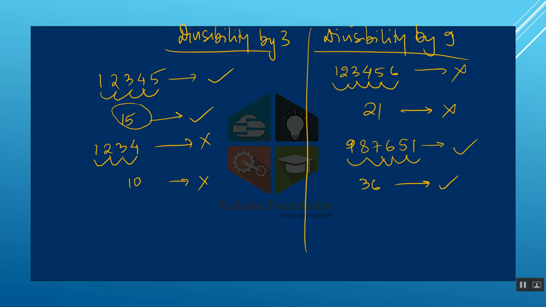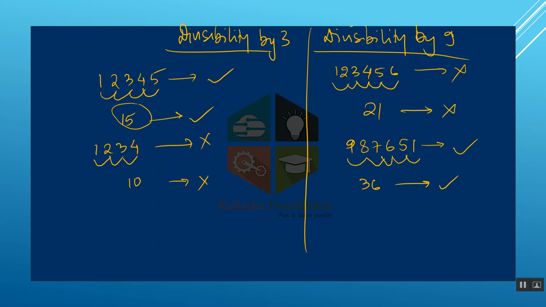If the sum is divisible by 3, then the number is also divisible by 3, and the same rule is applicable for 9 as well. If the sum is divisible by 9, then the number is divisible by 9. If the sum is divisible by 3, then the number is divisible by 3.